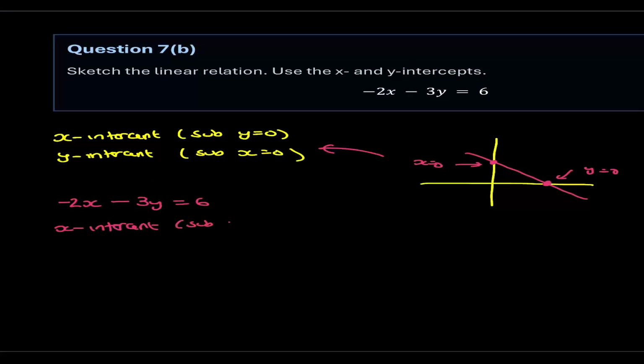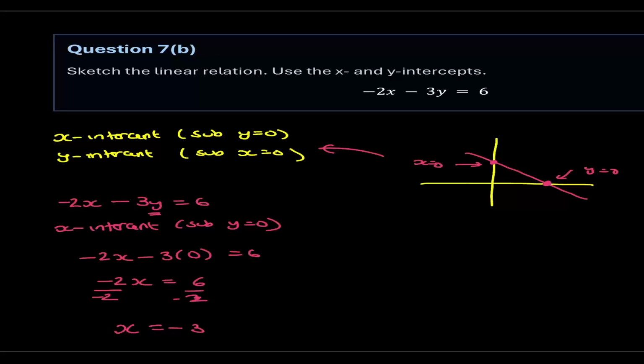Let's write out my equation, and instead of y, I'm going to substitute 0, and that equals 6. So -3 times 0 is just 0, so you're going to say -2x equals 6. Divide both sides by -2 to get rid of that -2, so you have x by itself. 6 divided by -2 is -3. So my x-intercept is (-3, 0).